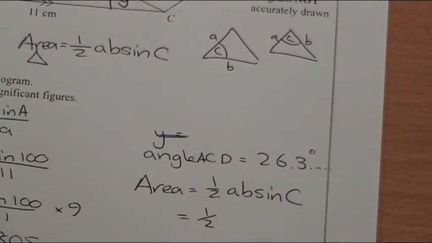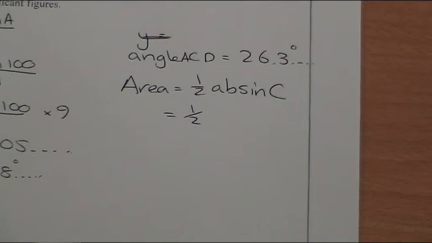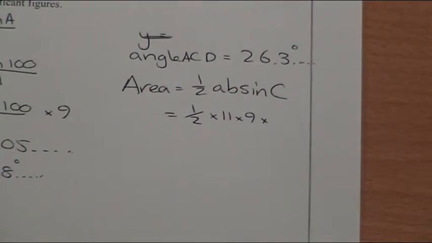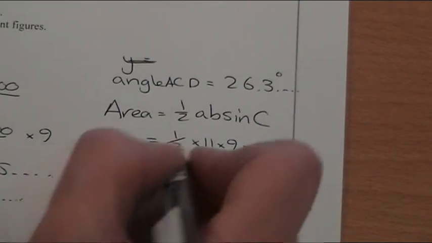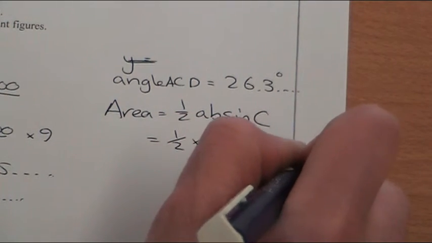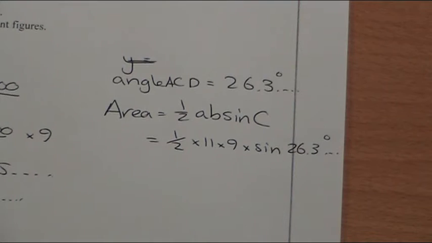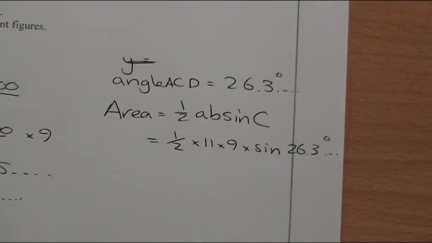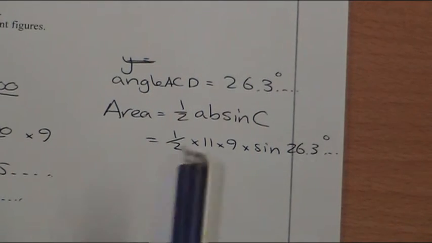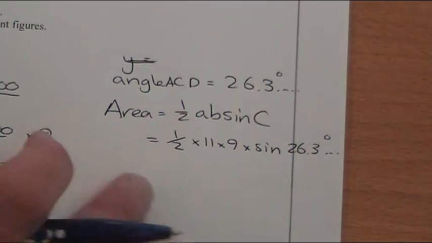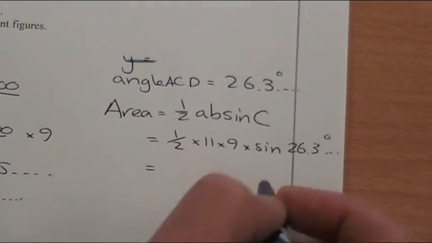So it's half times A and B, which is the side, so it's 11 and 9, times the sine of the angle I have just worked out. So it's sine of 26.3, but that goes on and on and on. Please don't do what I've done here. If you write in here, it will never ever be seen. So the person marking my test would only see half of a 2 there. Make sure you write in the actual space provided.